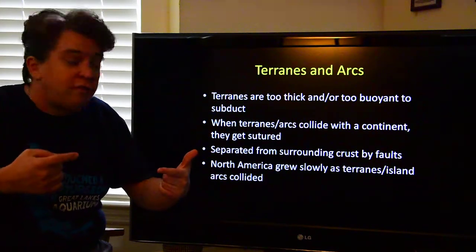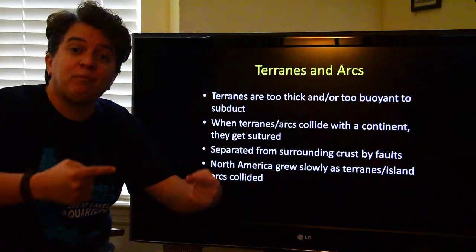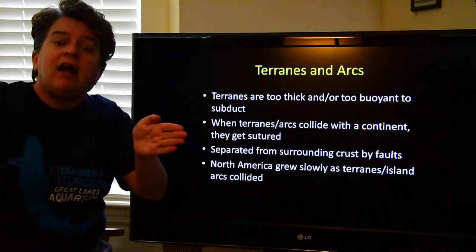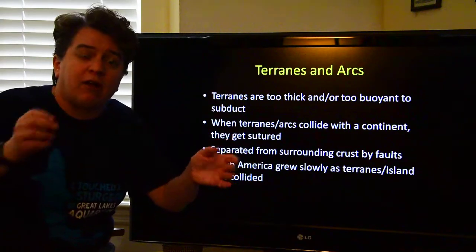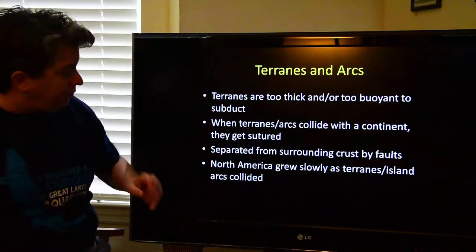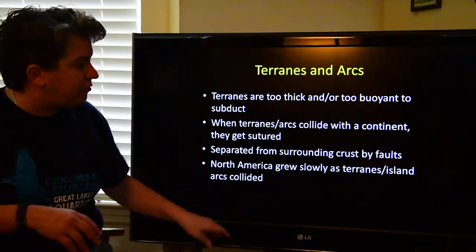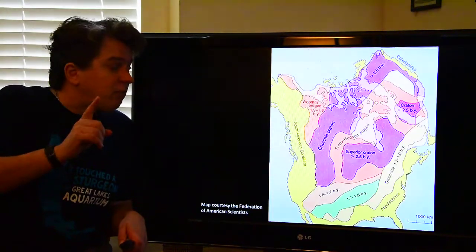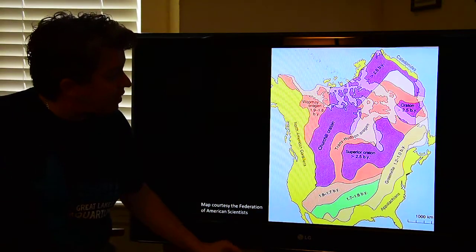So these subduction zones are kind of like conveyor belts that carry these terrains to the edge of the continent and then add them to the edge of the continent. And this is how continents grow over time. These continents grow as these terrains get added, and that accounts for the ages that we see.